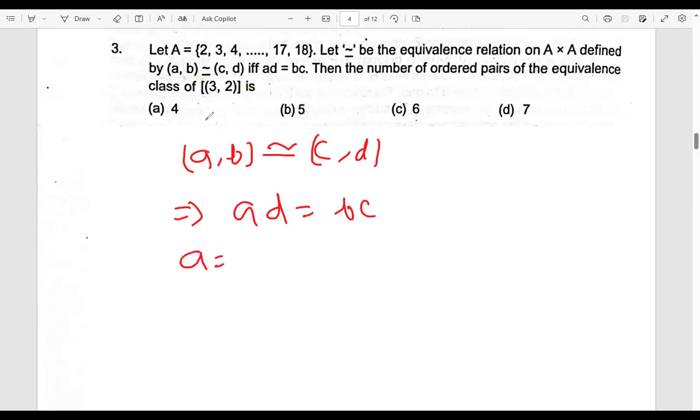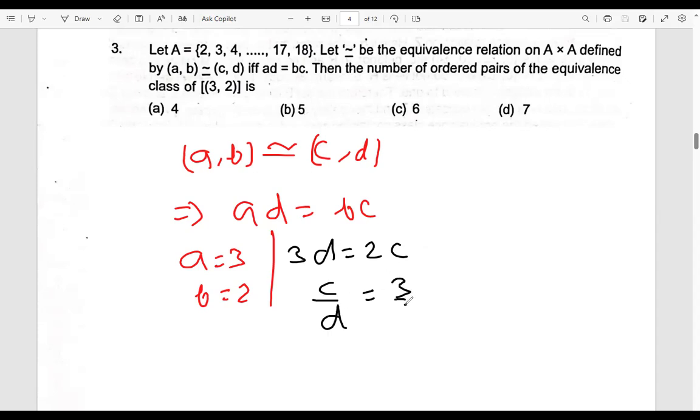Let's say if I consider a as 3 and b as 2, replacing a with 3 and b with 2, I can rewrite this as c over d, that's all the same.